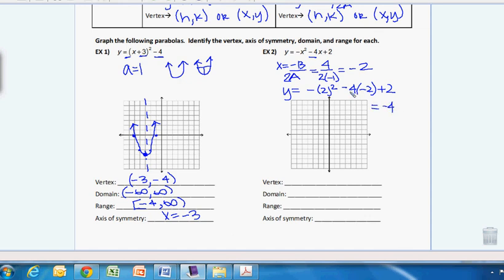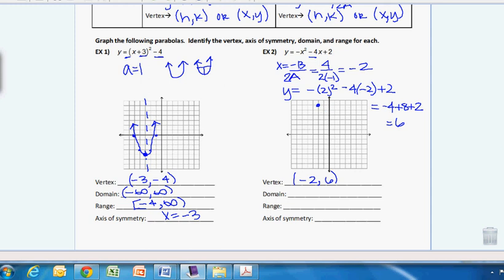And then -4 times -2, we're going to add 8 and add 2. So -4 plus 8 is 4, plus 2 is 6. So my x value, or my h, is going to be -2, and my y value, or my k, is a 6. So I'm going to go back -2 and up 6.